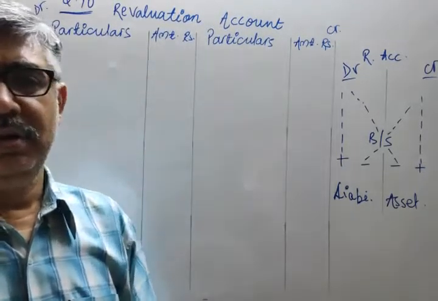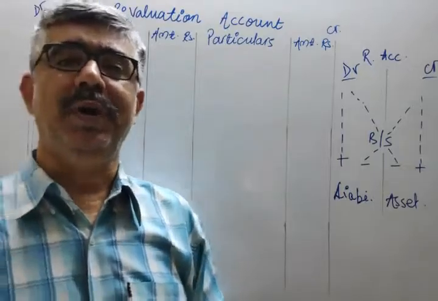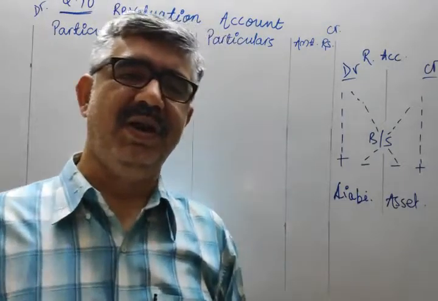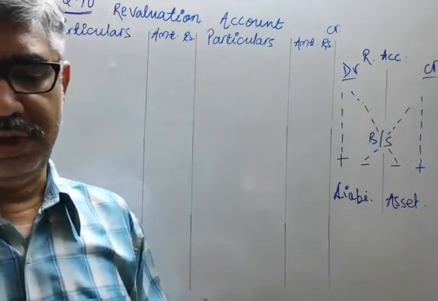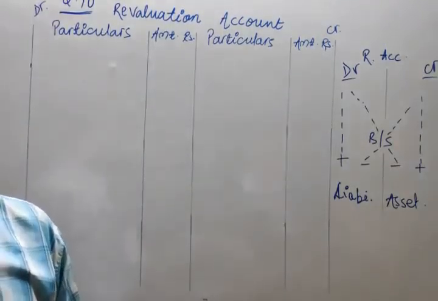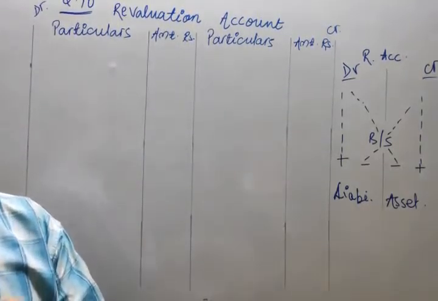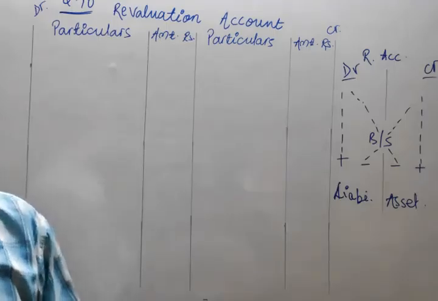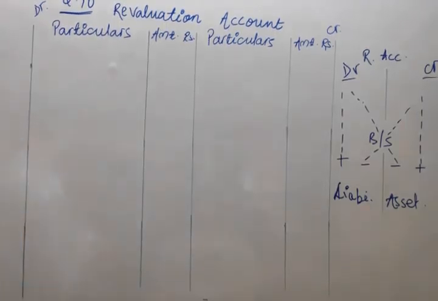First of all, let me clear how to do the revaluation account on the basis of data given to you. So be ready. I'm reading the question and explaining how to solve it. Here they say Rajesh, Pushpa and Pratibha are the partners of Srinathji Traders.